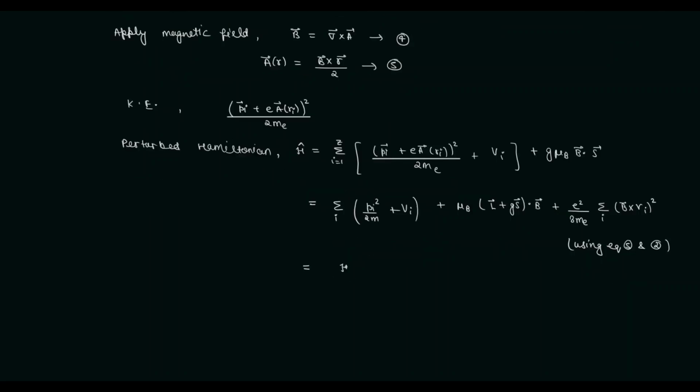So therefore the simplification will give you, here the dominant perturbation to the original Hamiltonian H naught is usually the second term, that is μ_B (L + g_s S)·B, but we will see that sometimes this term vanishes.